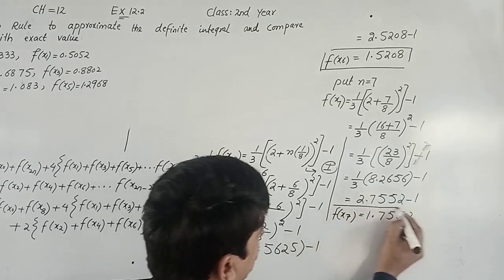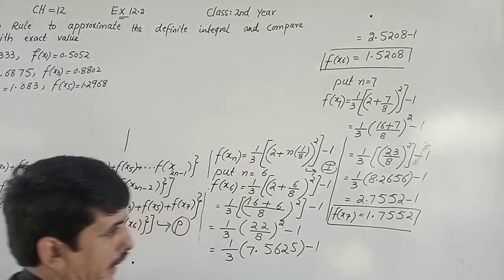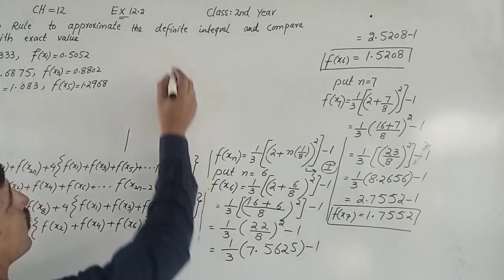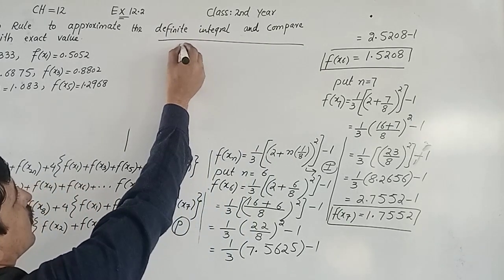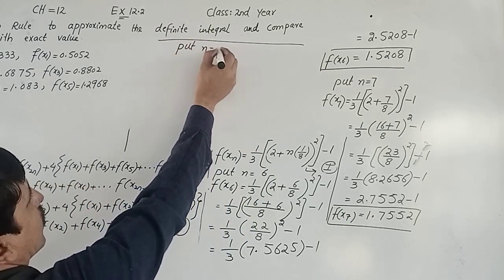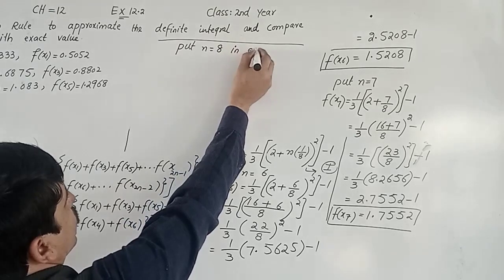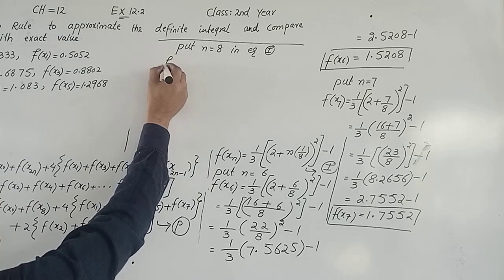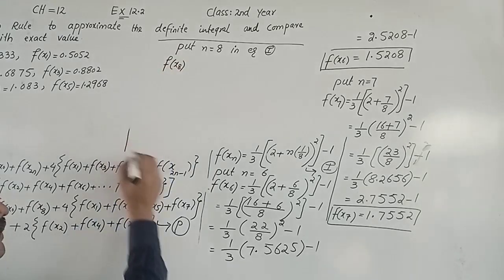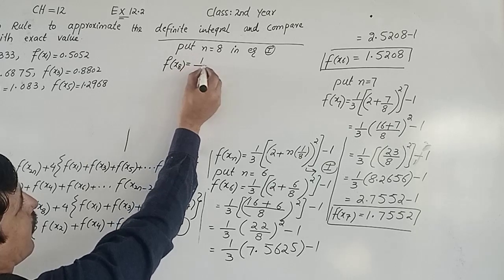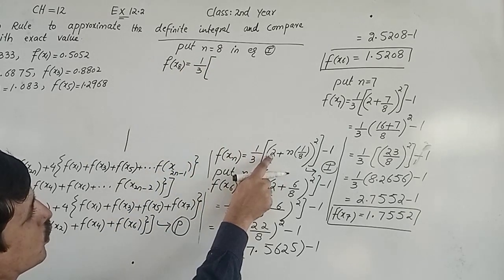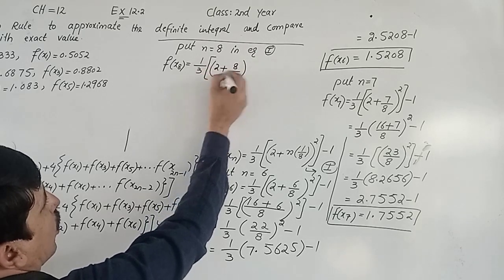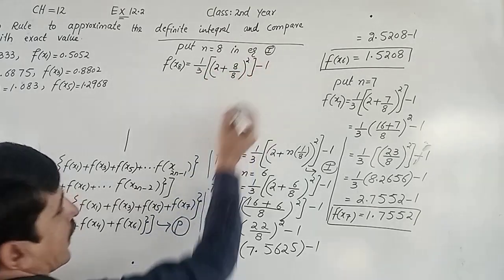Now the last one, put n is equal to 8 in equation 1, so we get f of x8 is equal to 1 divided by 3, 2 plus 8 divided by 8 whole square minus 1.